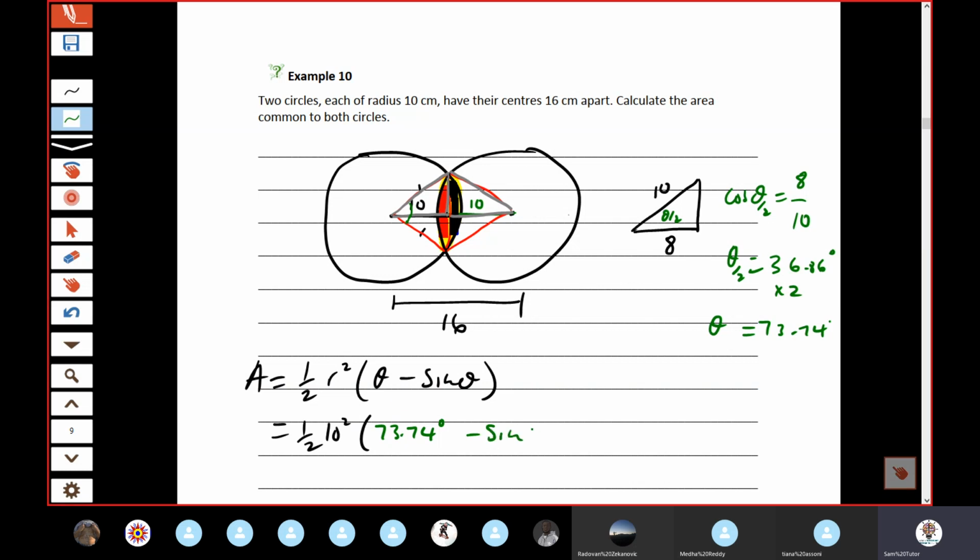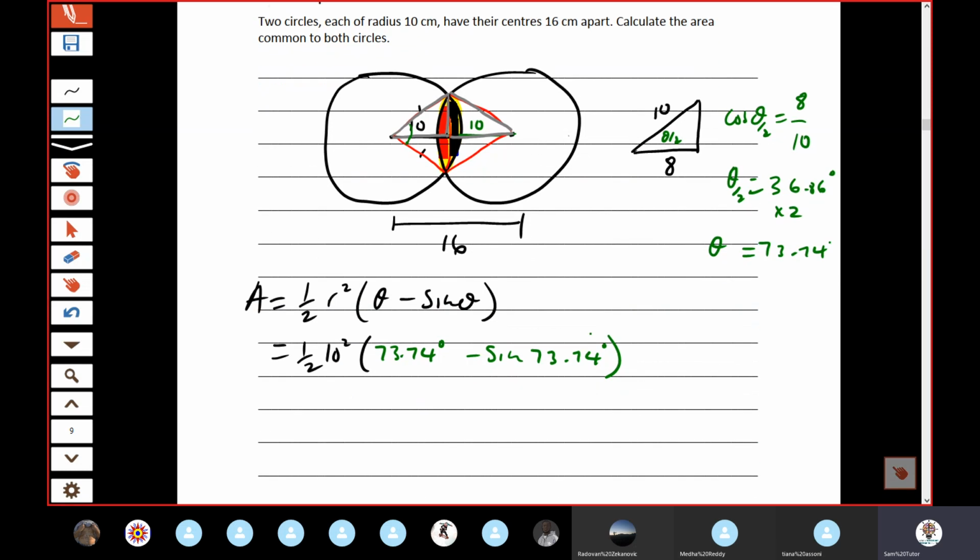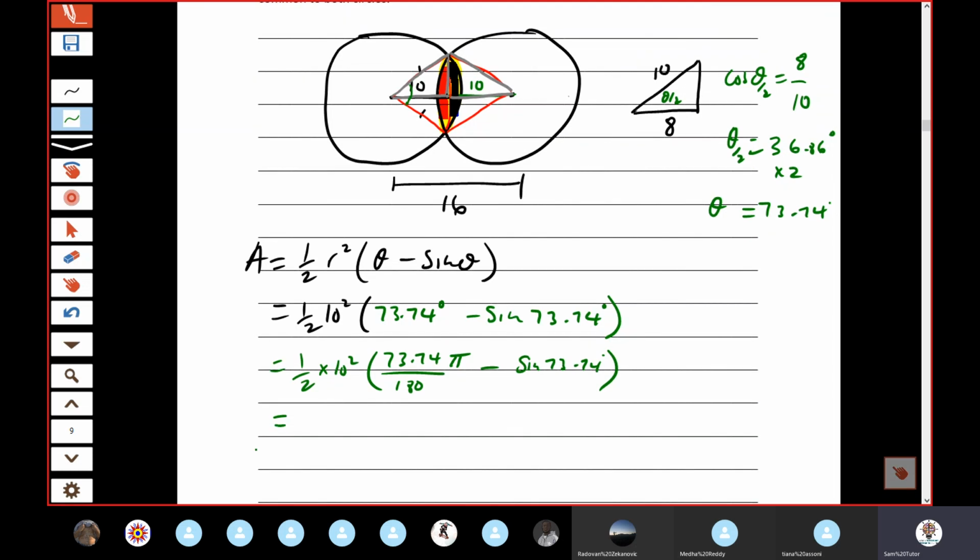Minus sine 73.74 degrees, which is allowed in degrees. So the answer is half times 10 squared, times 73.74 divided by 180, put a pi. Minus, this is allowed. Okay, let's finish it off.